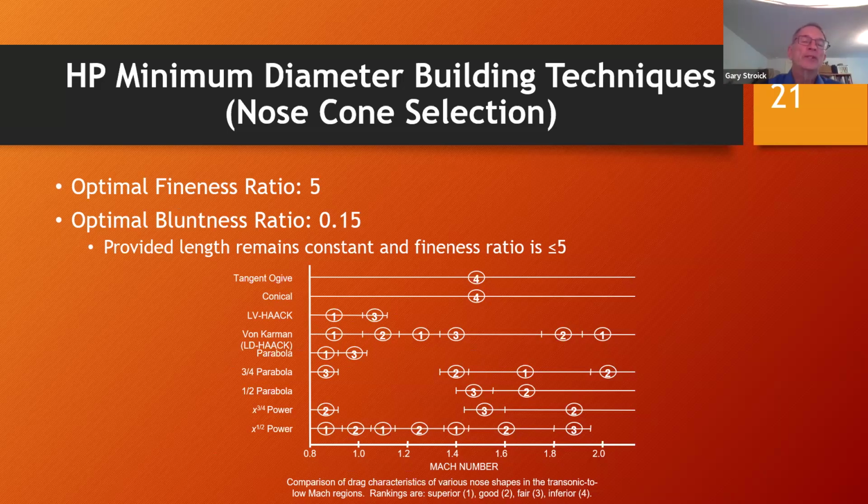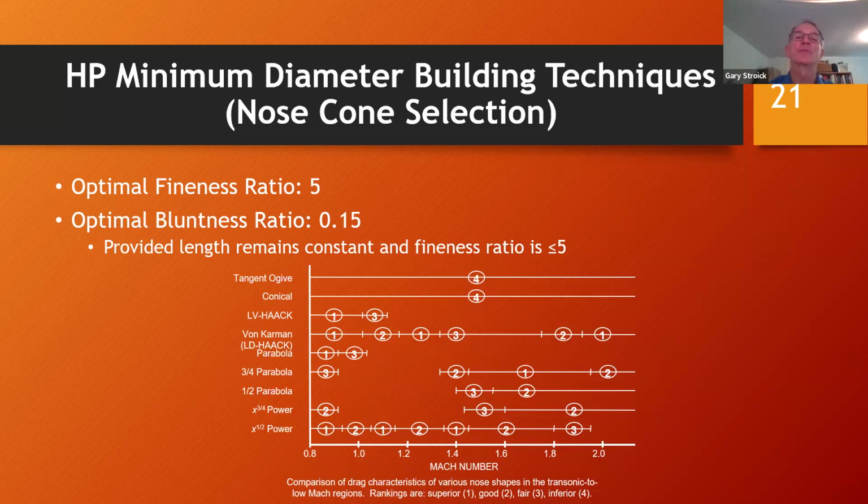One of the things, particularly when you look at LV Haack nose cones, is that the optimal fineness ratio is 5. Well, what the heck is that, right? The fineness ratio is the ratio of the length to the diameter. So if the nose cone is 1 inch in diameter, then it should be 5 inches long. This does not include the shoulder of the nose cone, right?